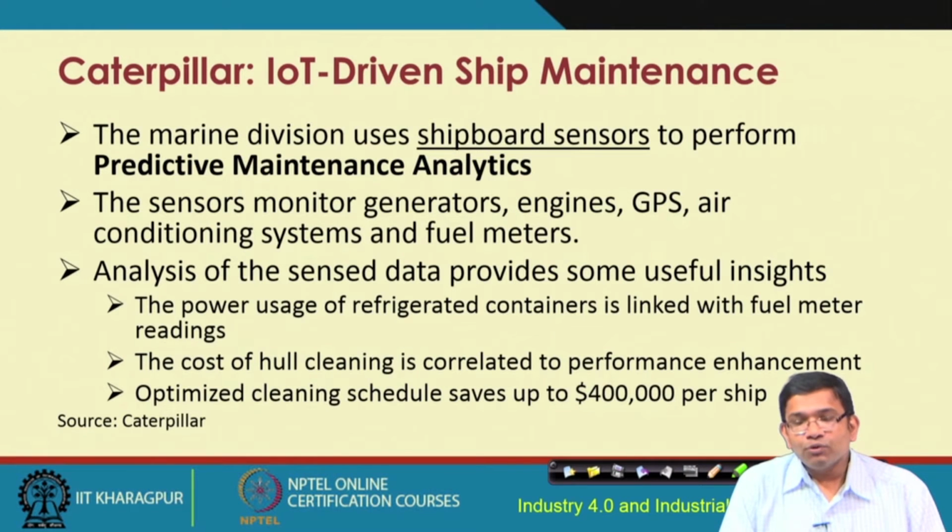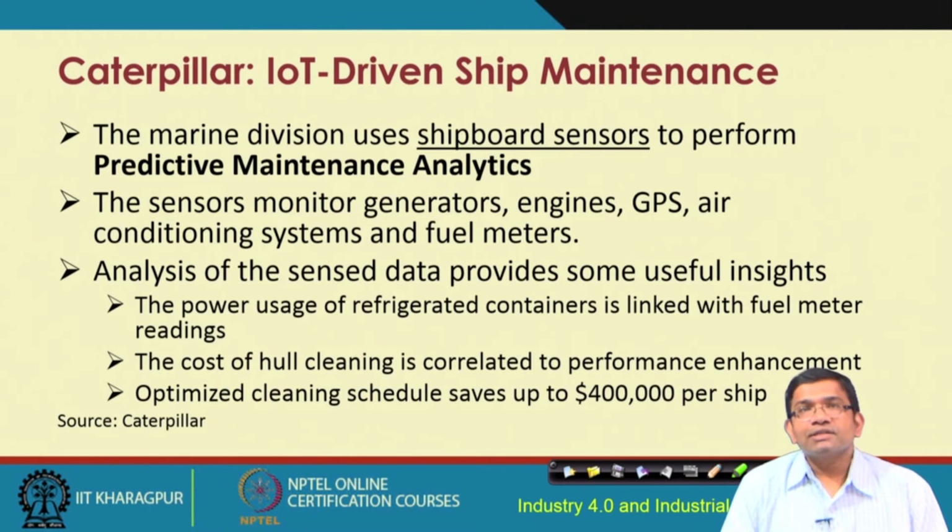Caterpillar has the IoT driven ship maintenance, and that is done by their marine division. They use the shipboard sensors to perform predictive maintenance analytics. The sensors that are deployed can monitor generators, engines, GPS, air conditioning systems and fuel meters.